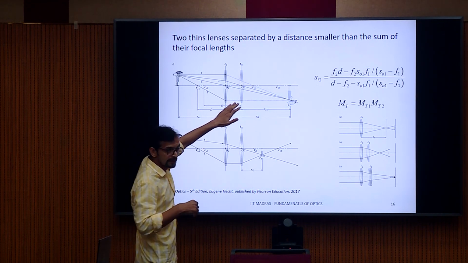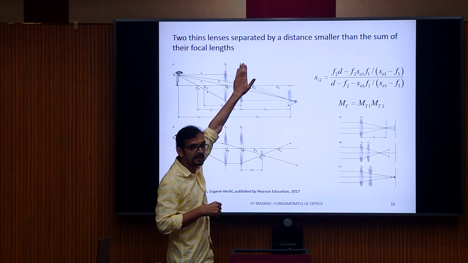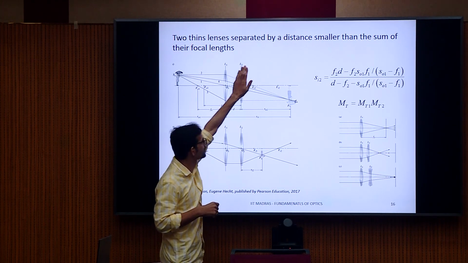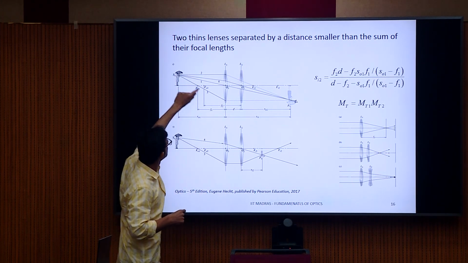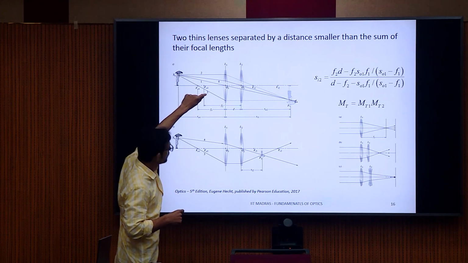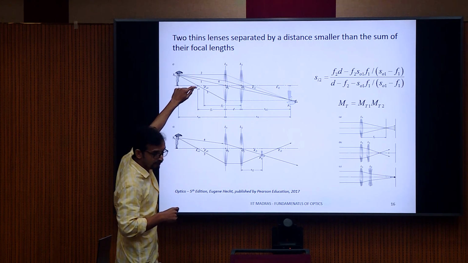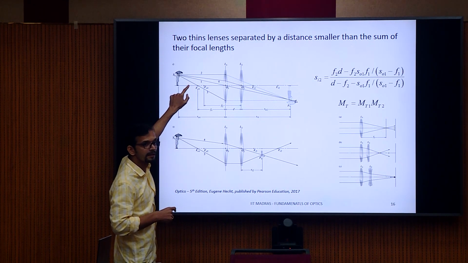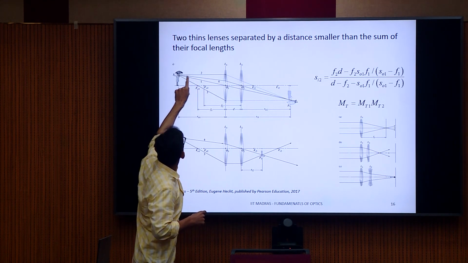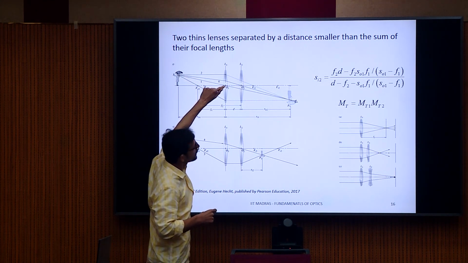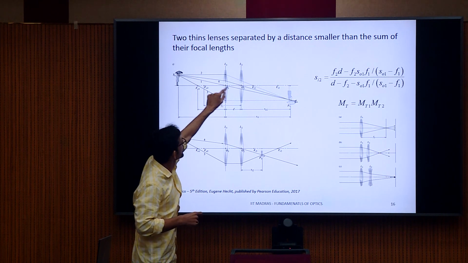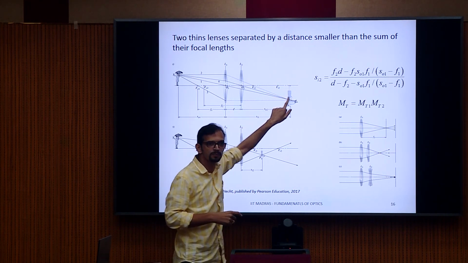So look at this figure. At the moment, don't worry about L2. And look at ray 3, which goes through the focal point of the first lens, right? And ray 1, which goes through the lens. These two rays will basically decide the image position, right?